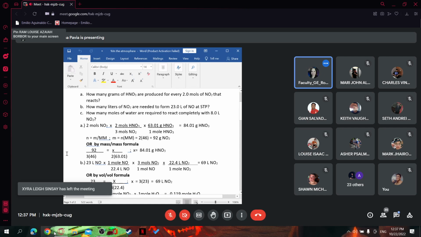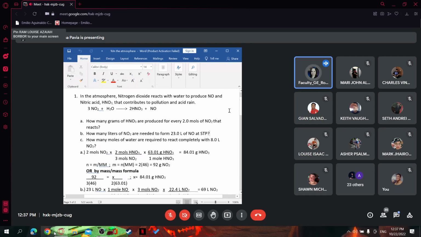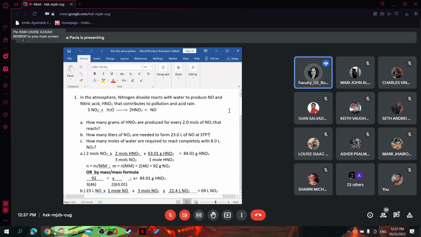Okay. Now, using the formula, we are going to use now the mass of nitrogen dioxide over 3. From the reaction, you need 3 moles of NO2.